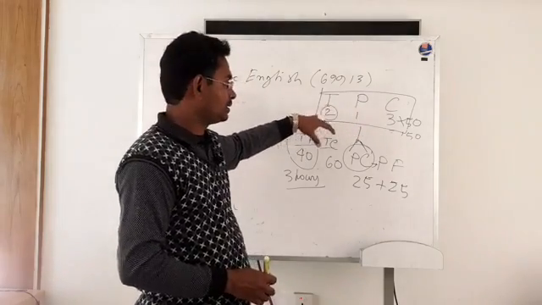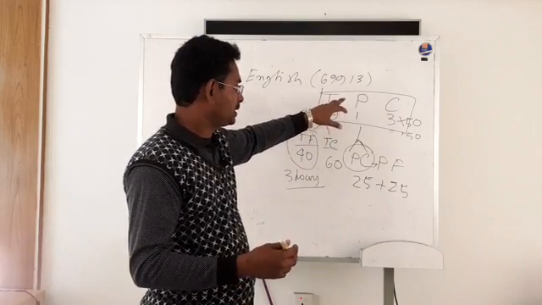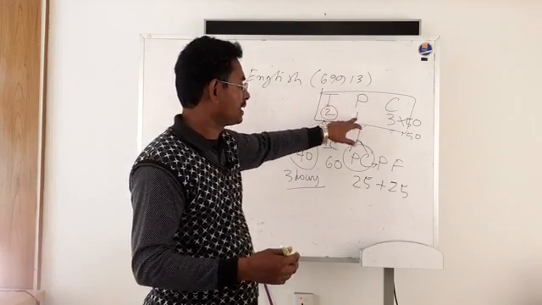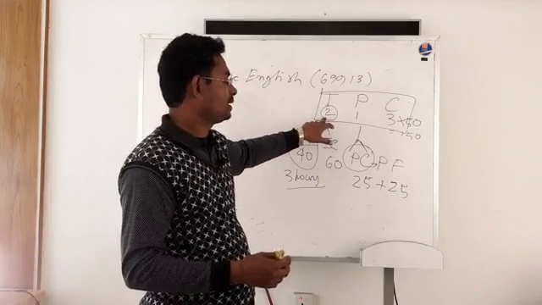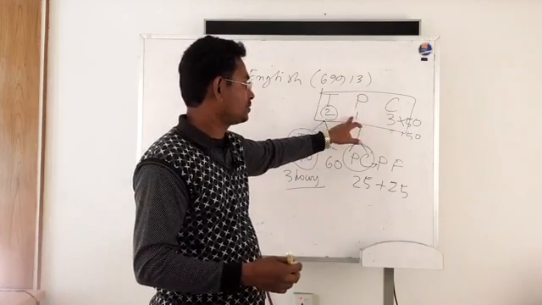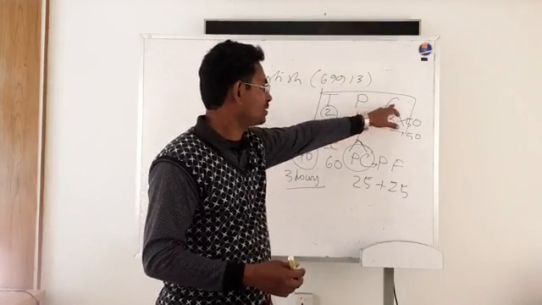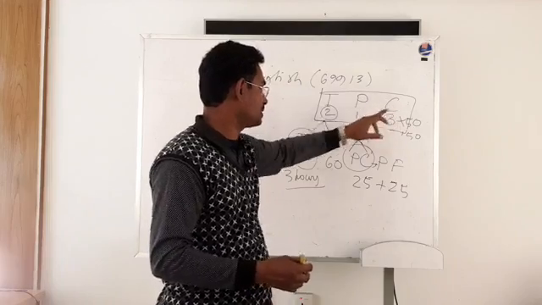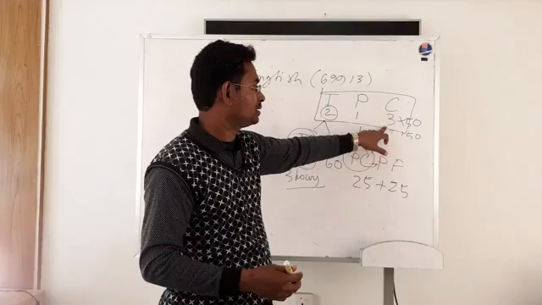T is for theory, P is for practical, and C is for credit. Per week 2 theory classes will be held, and per week only a single practical continuous class will be held. Total class numbers are 2 plus 1, so 3.